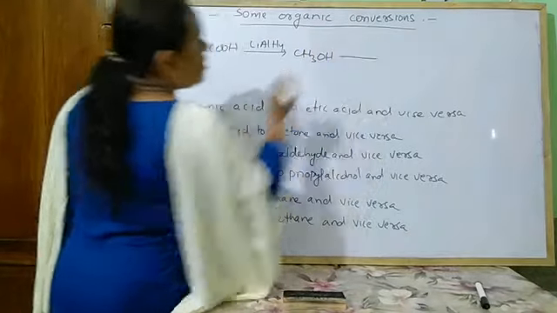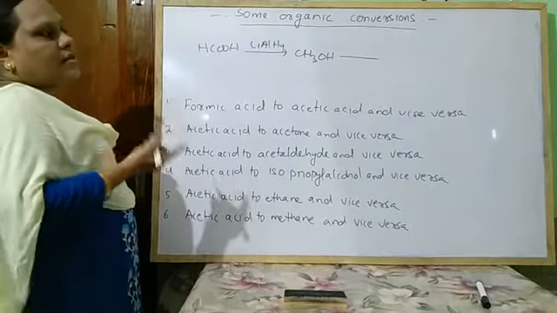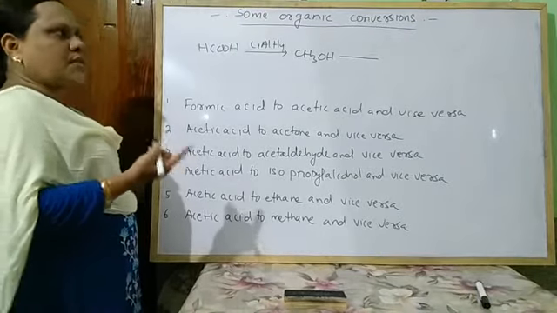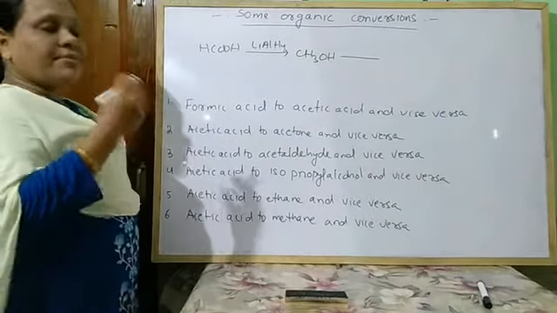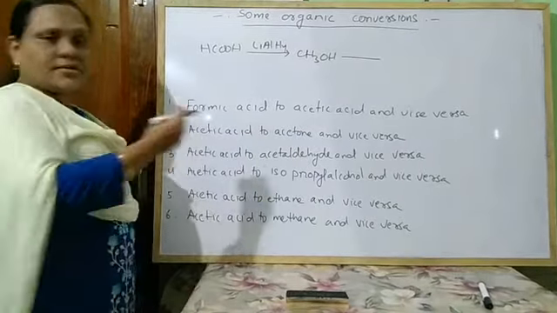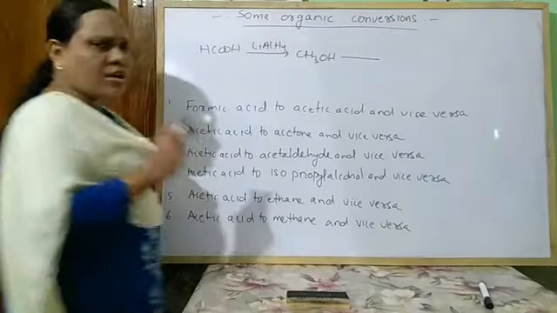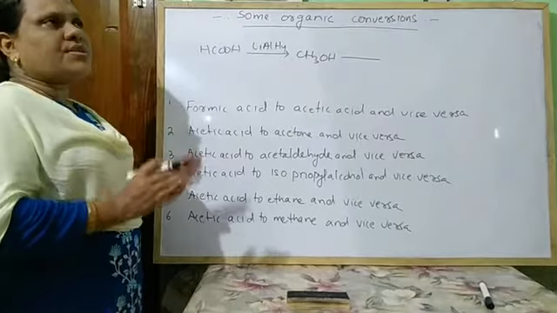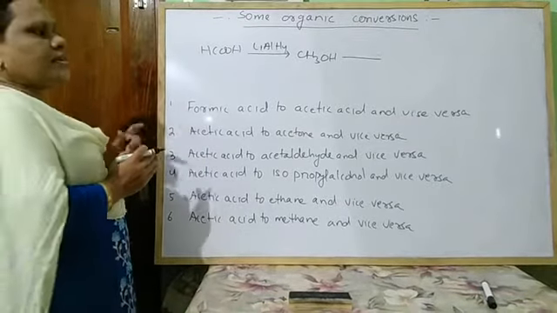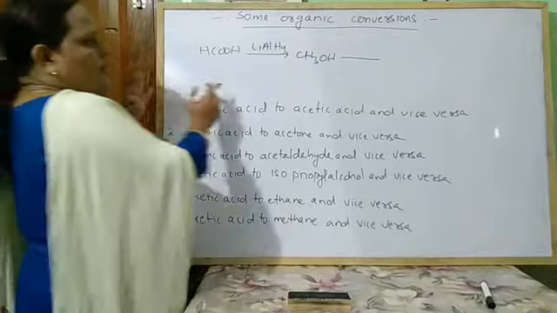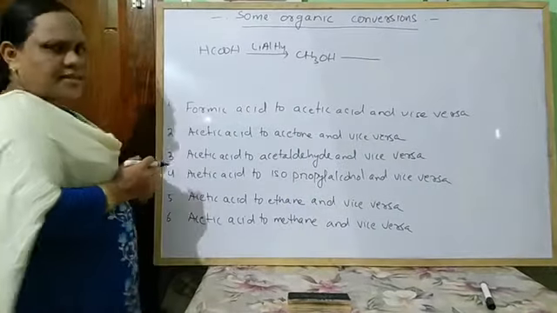And methyl alcohol when treated with either PCl5 or PCl3 or thionyl chloride, SOCl2, gives methyl chloride, an alkyl chloride, and after this alkyl halide we can increase the number of carbon atoms. And remember, in organic reactions always go through the fewest steps, so that it is more effective. If the reaction is long and the steps are more, then it is not effective.